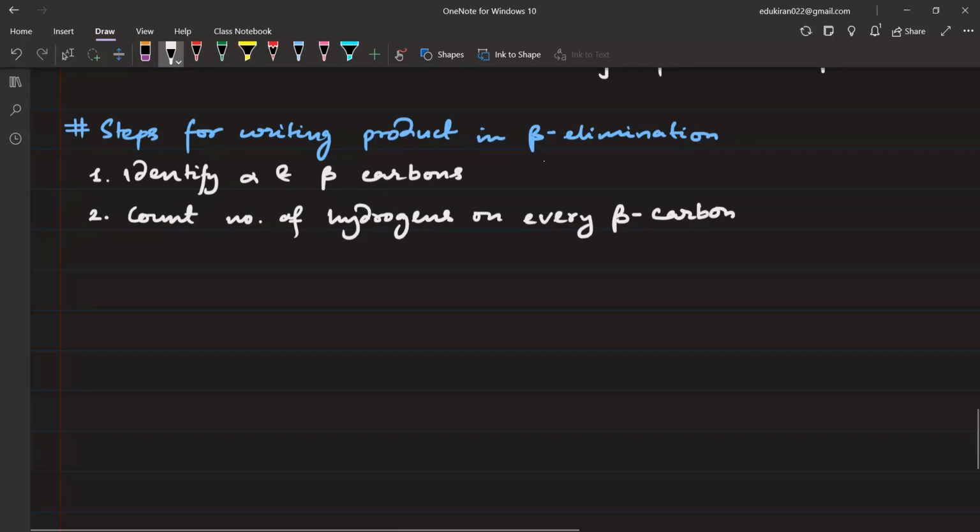Sometimes you will have more than one beta carbon. That is, you have to see how many beta carbons are there. Okay, and then you have to count the number of hydrogens on every beta carbon.